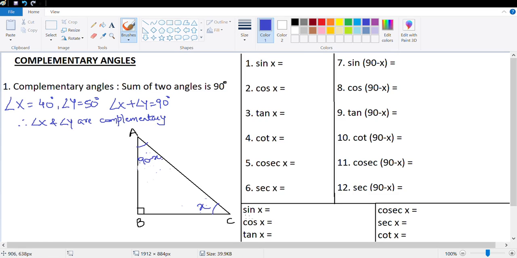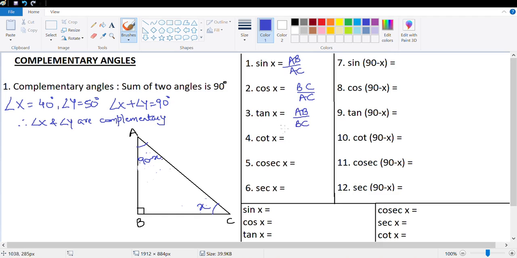So sine x would be equal to perpendicular, in this case AB, upon hypotenuse, which is AC. Let's look at cos x. Cos x would be base, which is BC, upon hypotenuse, which is AC. Tan x is perpendicular, which is AB, upon base, which is BC.